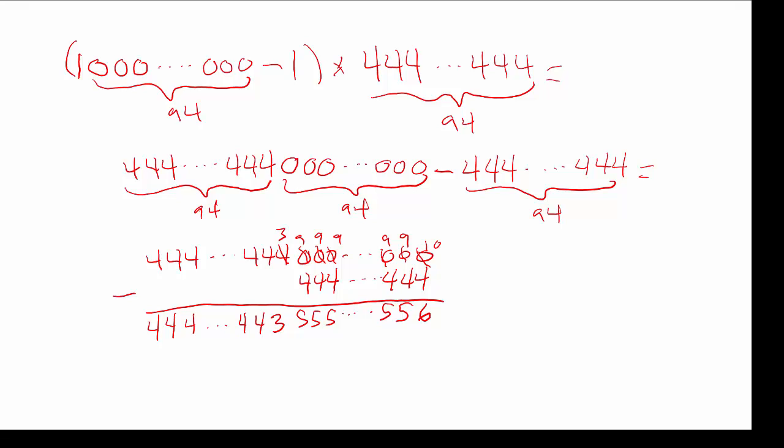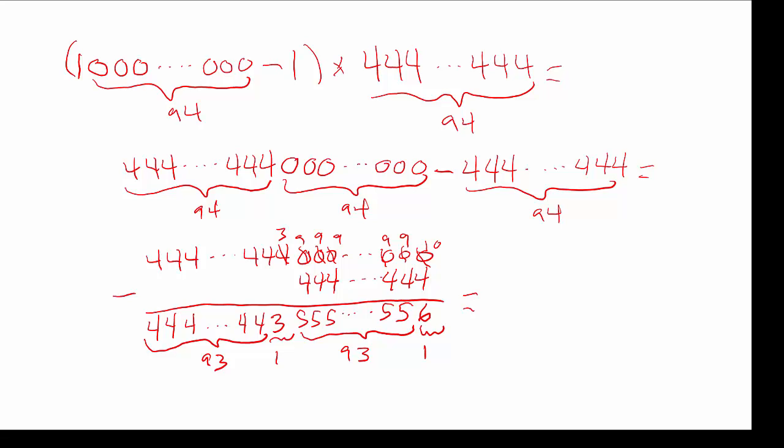So how many do we have? Well, we've got 93 4s, because one of our 4s we had to borrow from to make it a 3. We've got 93 5s, because one of the initial subtractions was a 6.